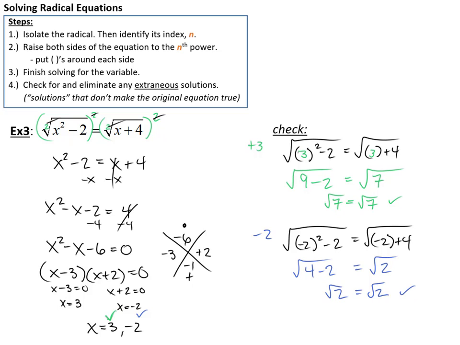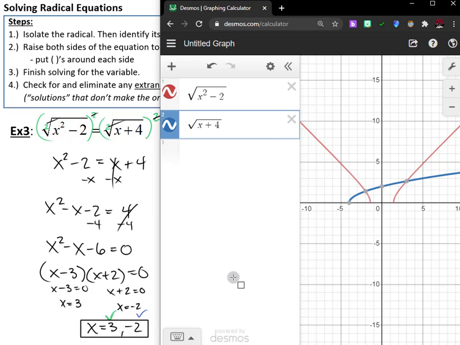So in other words, this actually has two solutions. And if you were to graph these two as individual graphs and look for where they intersect, these are the x coordinates where they intersect. So just to show you that extra add-on, let me show you some graphs.